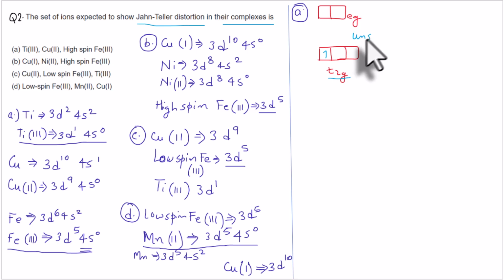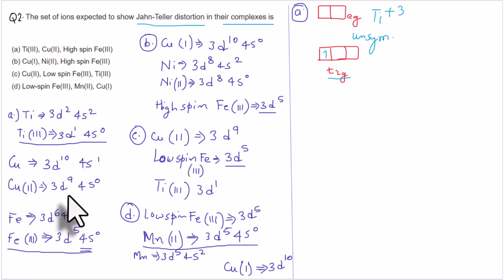We just have to check in which option we have ions where either T2g or Eg is unsymmetrically filled. Only those will give us Jahn Teller distortion. So in the case of titanium plus 3, we have this unsymmetrical filling.